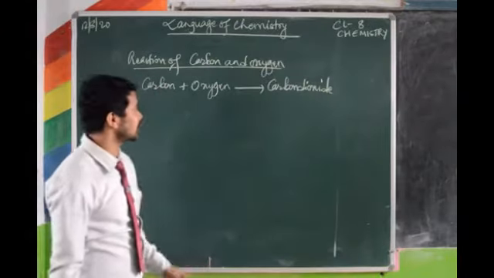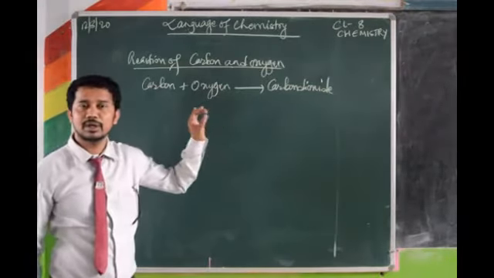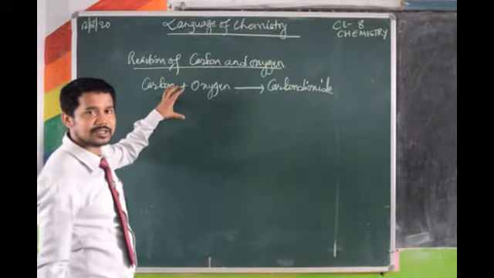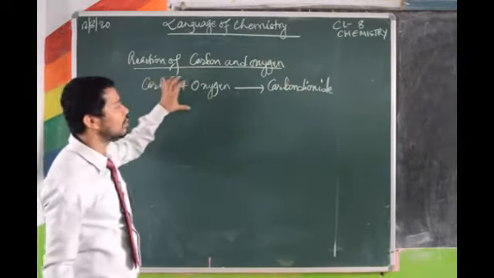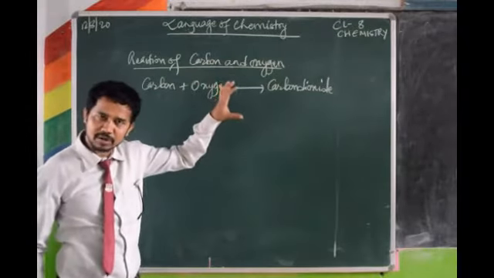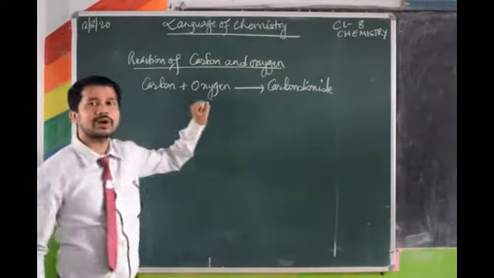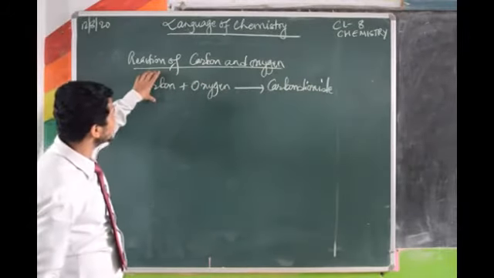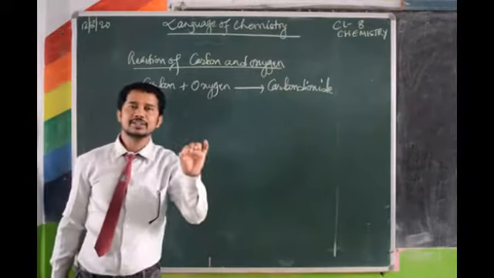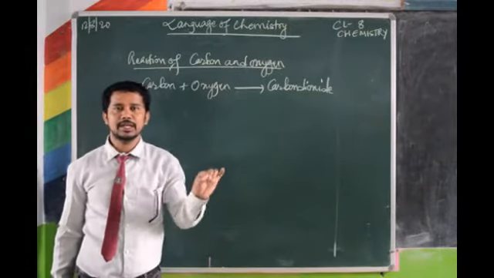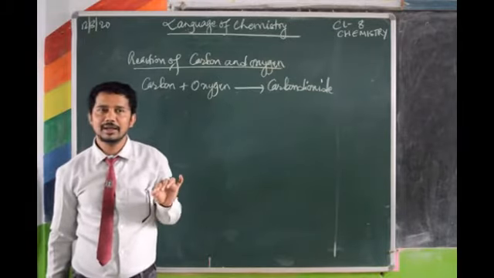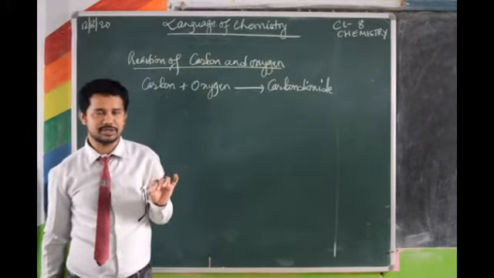This becomes a word equation because we are writing the chemical reaction in the form of words. Now, if I write this in symbols and formulae, then it becomes a chemical equation.